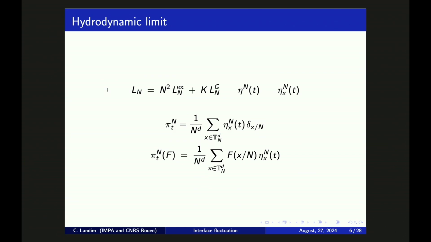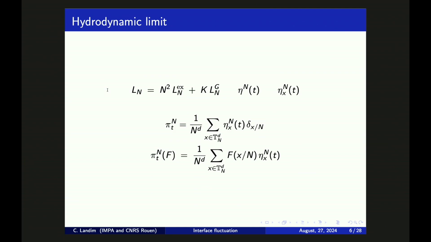Let me call delta_{x/n} the Dirac measure at site x/n, which puts a mass equal to 1 over n^d if site x is occupied at time t. We have, therefore, a random measure, and we are interested in proving the hydrodynamical limit, so a law of large numbers first, for this empirical measure.